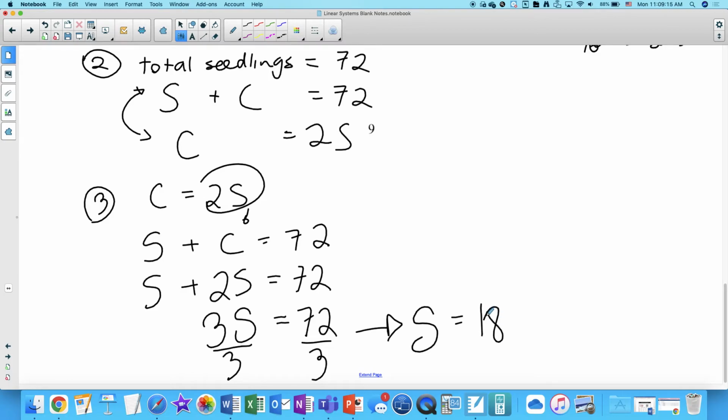Okay. Well, if s is 18, what's c? Yep. I think it's 24. It's 24. You're right. That's 72 divided by 4, not by 3. There we go. Okay, thank you. All right, so if s is 24, then what is c? 48, yeah, right?